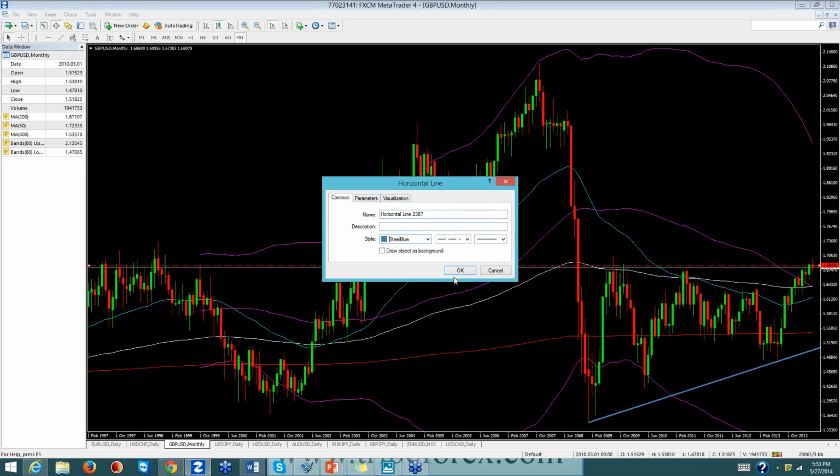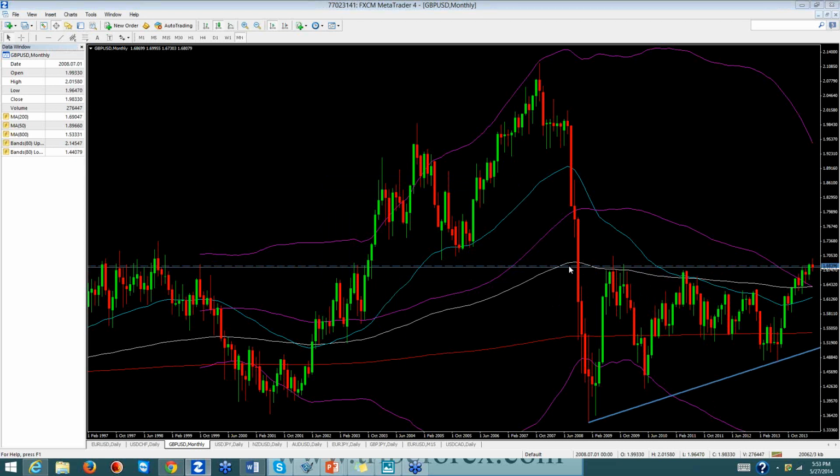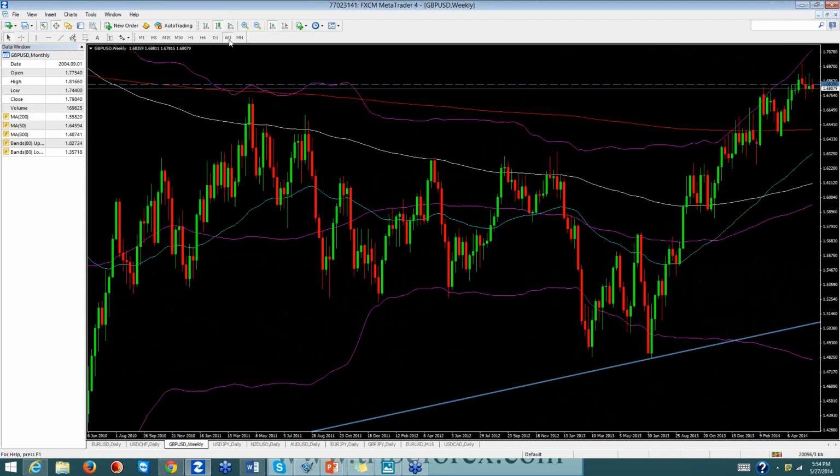And that leaves us with the weekly, if there's anything of interest. Lower area of support that we could consider. Minor. And I think on the weekly there's another one as well.